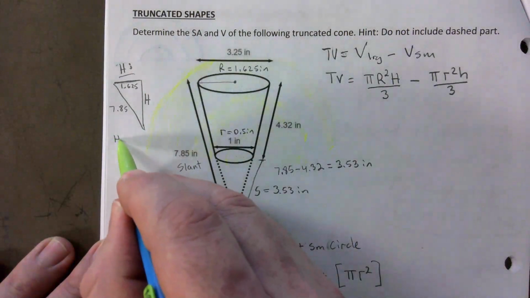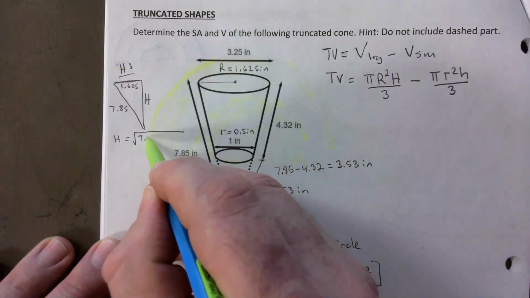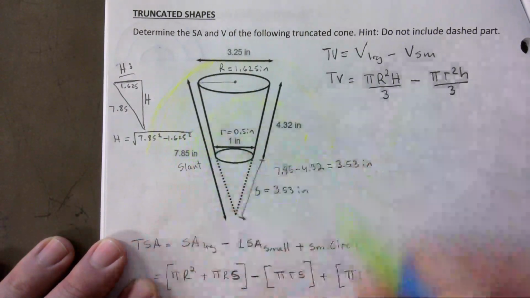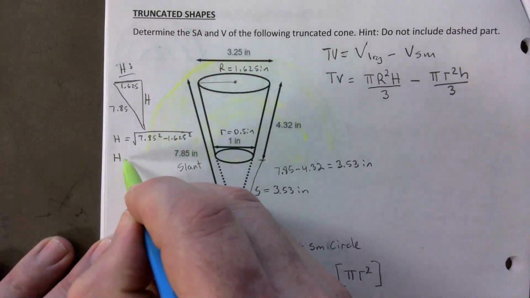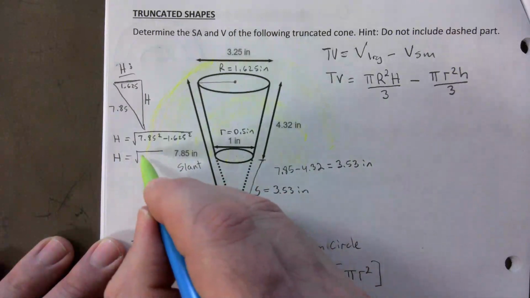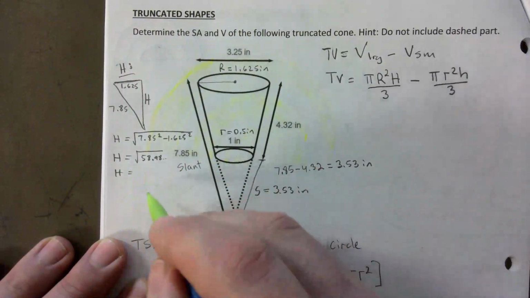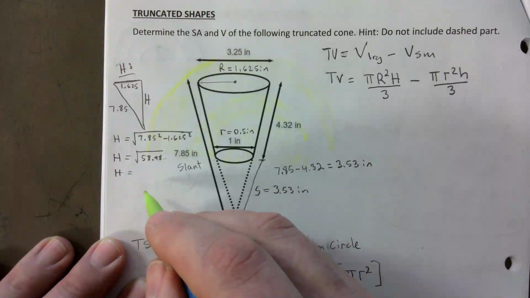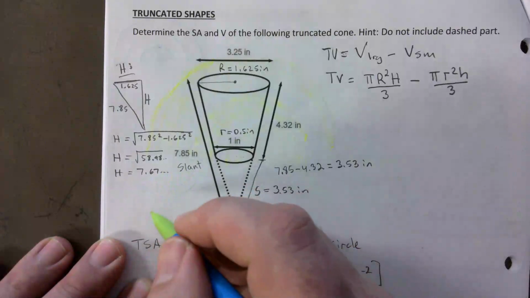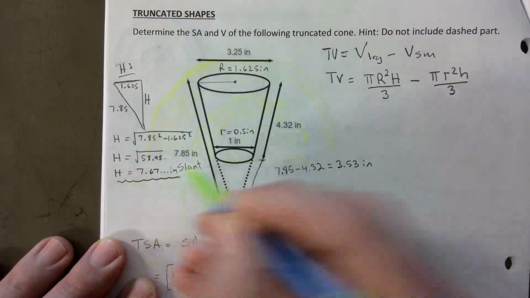So to find height, it's going to be square root of 7.85 squared minus 1.625 squared. That's root of 58.98 something. So capital H is 7.67 inches. Important. I'm going to underline that.